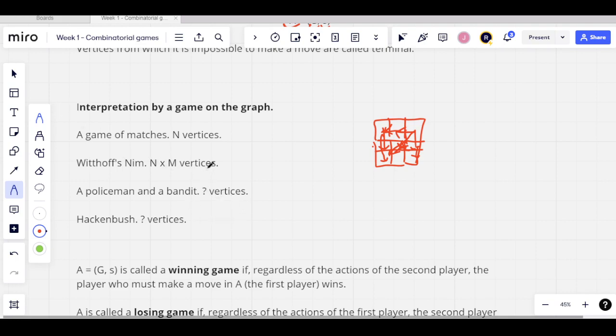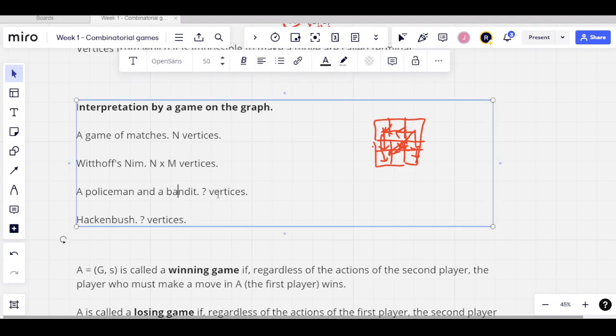But we have only n multiplied by m vertices. In policeman, that's a little bit more vertices. We have this count of vertices.